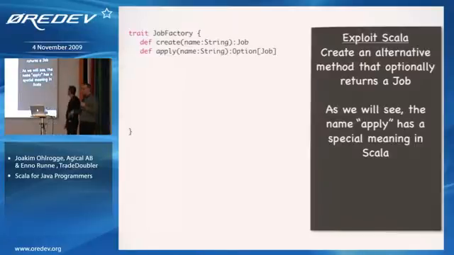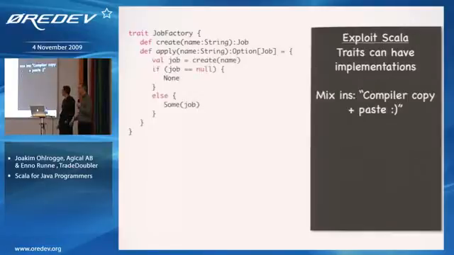And there's something special with this apply name, but we'll see it later on. As we have a trait here, we can implement the method we require. So we add some implementation to the apply method, which will use the create method and put the null check in here, and then return an option.